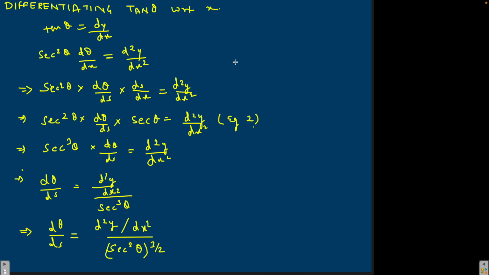So what will I do now? d theta by ds will be equal to d2y by dx2 by, now sec square theta I'll write as 1 plus tan square theta, so it is 1 plus tan square theta to the power 3 by 2.